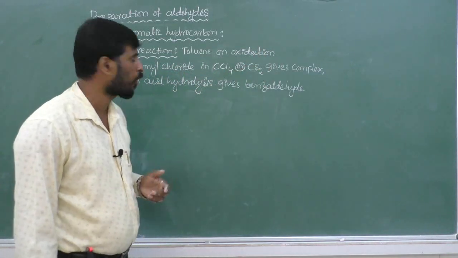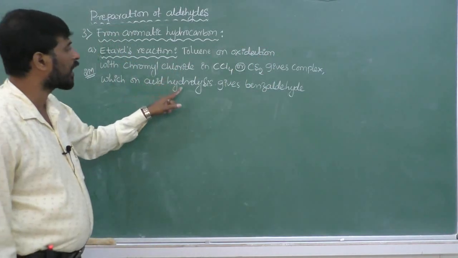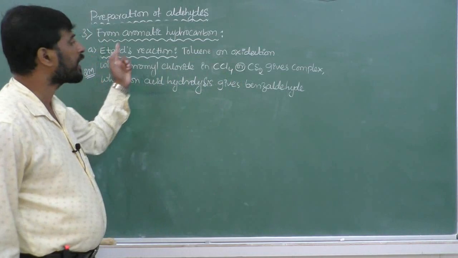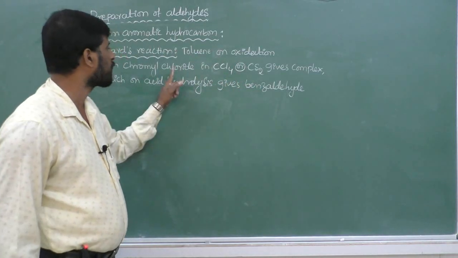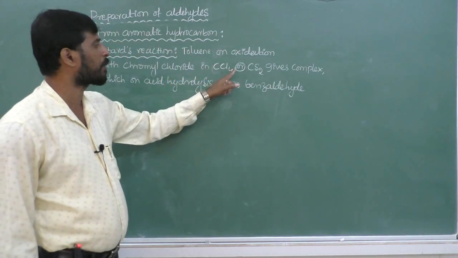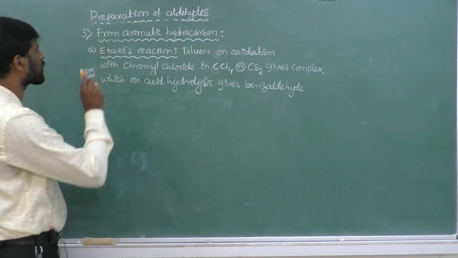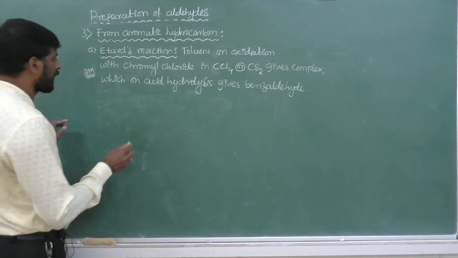The complex on acid hydrolysis gives benzaldehyde. So toluene is converted into benzaldehyde using chromyl chloride in carbon tetrachloride or carbon disulfide, and this reaction is known as the Étard reaction.